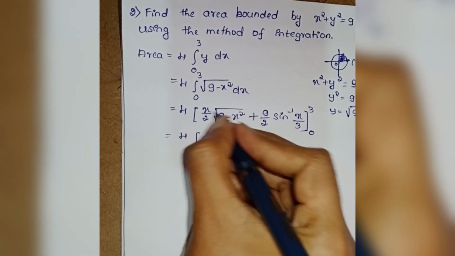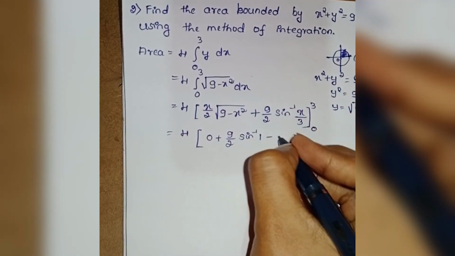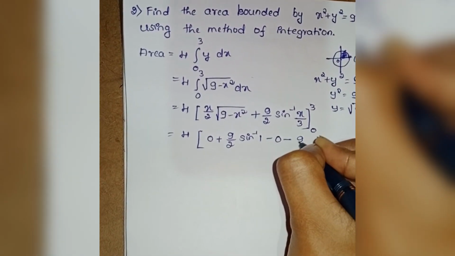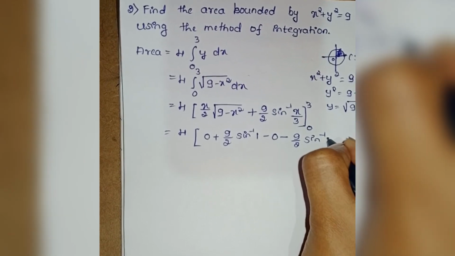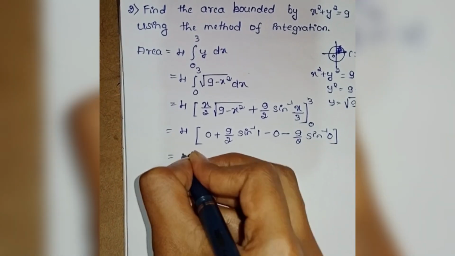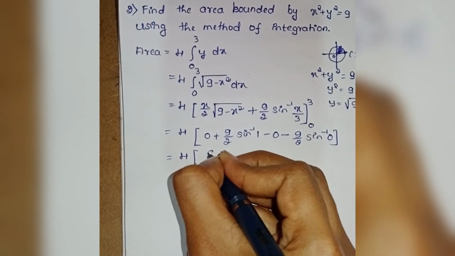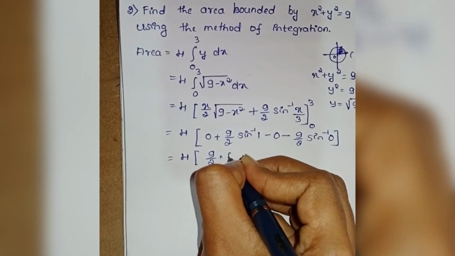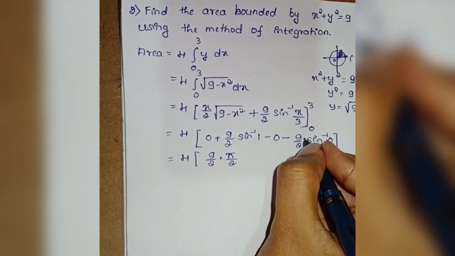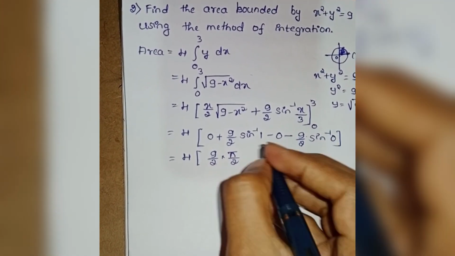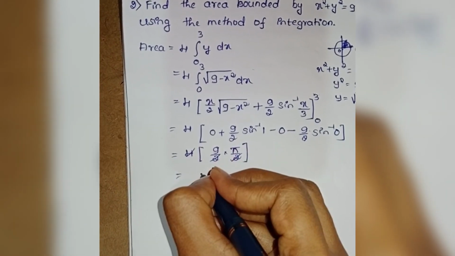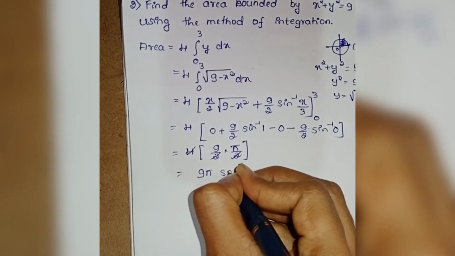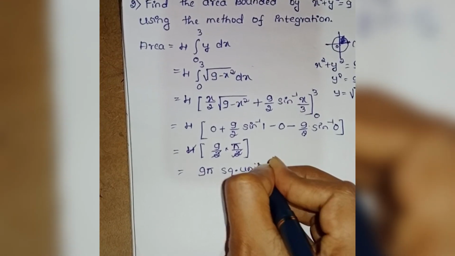Apply the lower limit, x is 0, so complete thing is 0, minus 9 by 2 sin inverse of 0 by 3, that is 0. Equal to 4 times 9 by 2 sin inverse 1 is pi by 2. Sin inverse 0 is 0, so cancel 4 cancelled and final answer is 9 pi square unit.